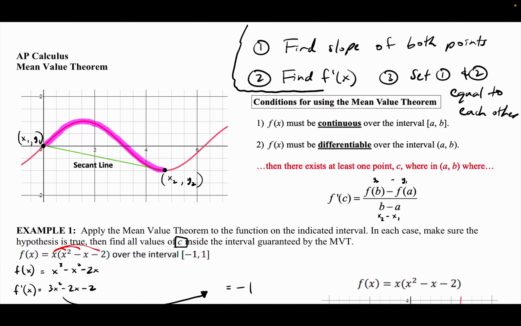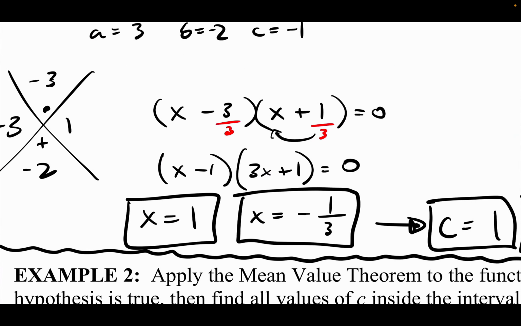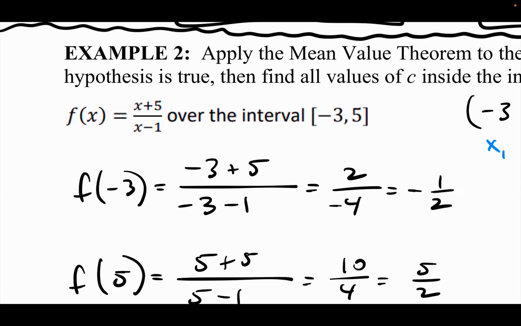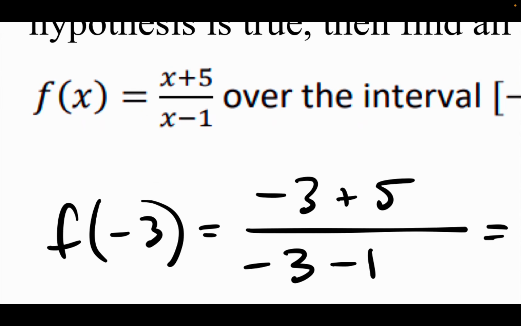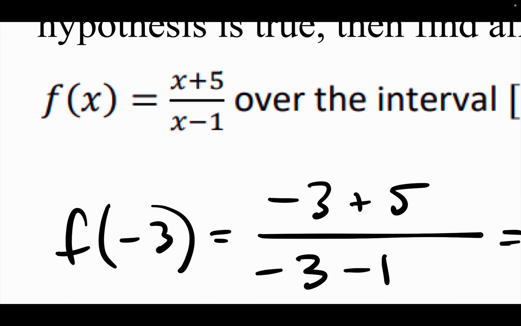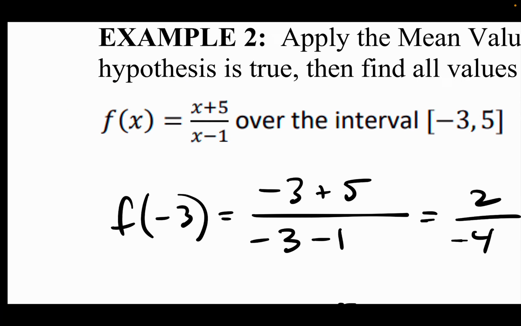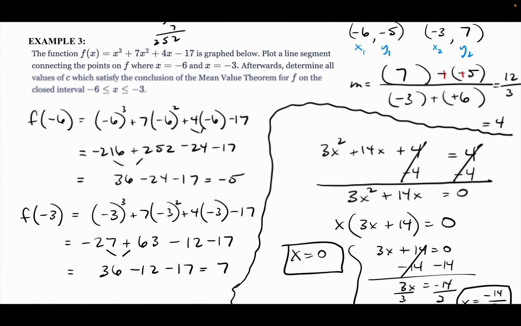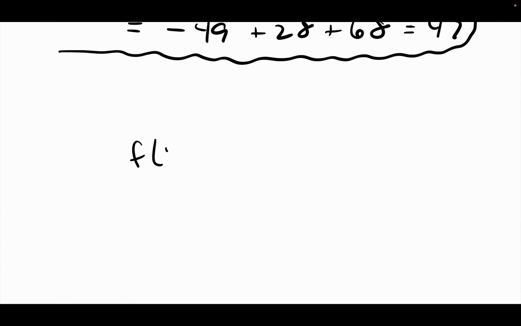It's pretty cut and dry. The big thing is the conditions. If you have something that has a fraction in it, like this one did, you're going to have something undefined. Or if you have a root, sometimes they'll throw roots in there, like f of x equals the root of x plus 1.